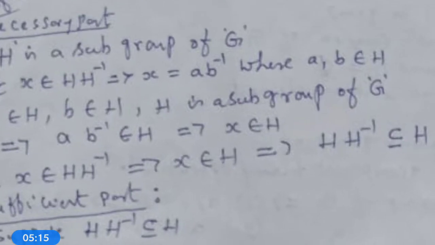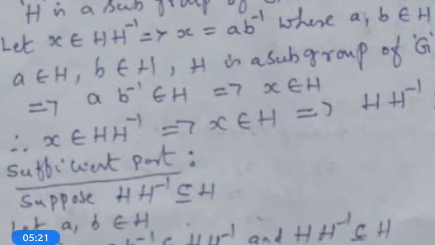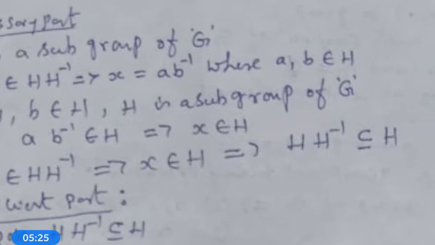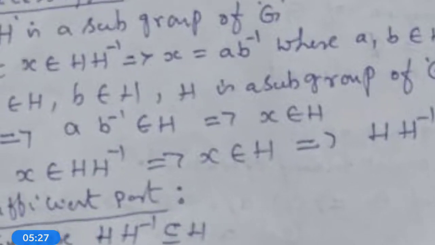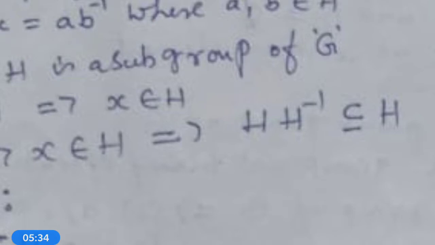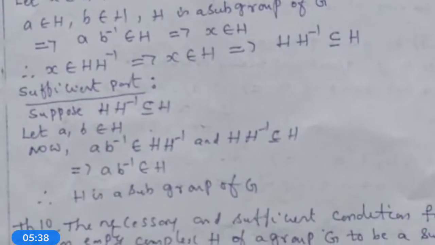Therefore, x belongs to H. What is the result obtained from this? x belongs to HH inverse implies x belongs to H, which implies HH inverse is a subset of H. So the necessary part has been proved.